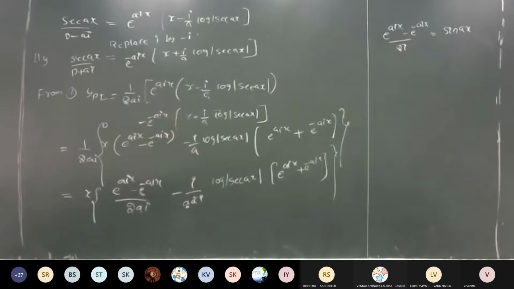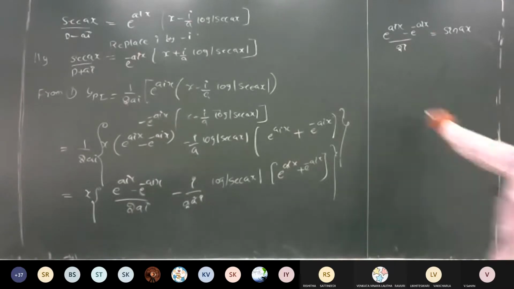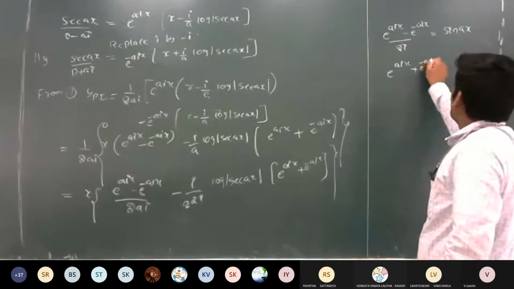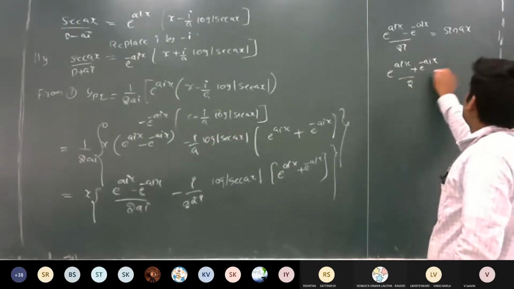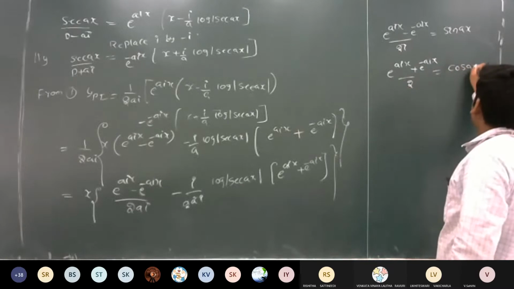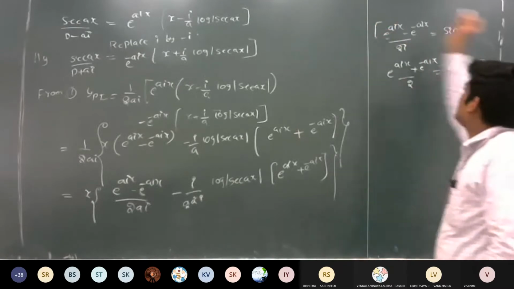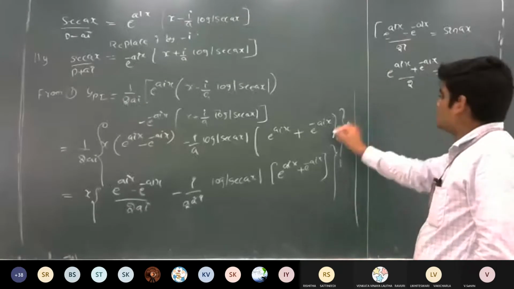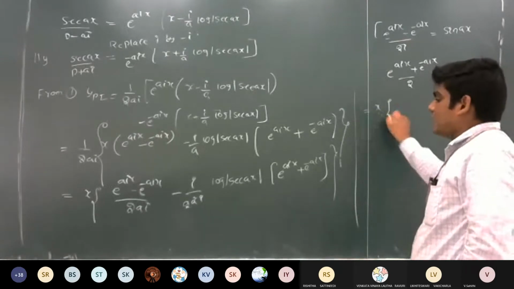Very good. So therefore, e power aix plus e power minus aix by 2 is nothing but cos ax. These are the known formulas, so just replace them.